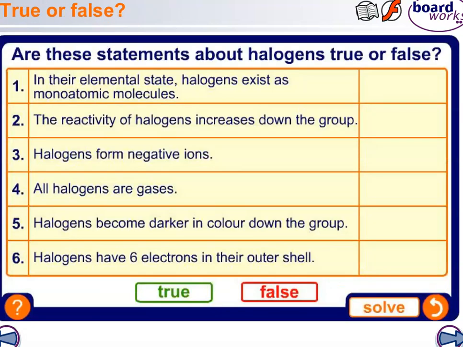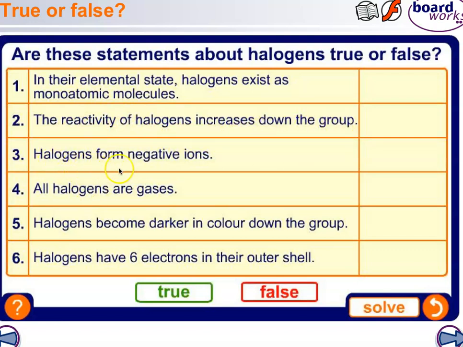Now let's recap what we learned with some exercise so far. Are these statements about halogens true or false? 1. In their elemental state, halogens exist as monoatomic molecules. 2. The reactivity of halogens increases going down the group. 3.